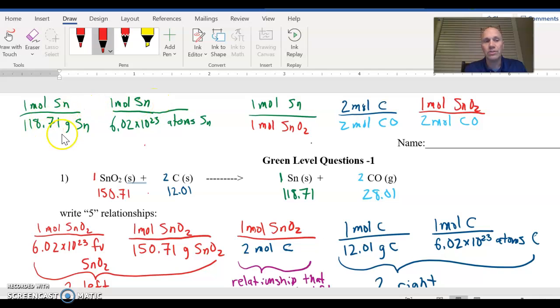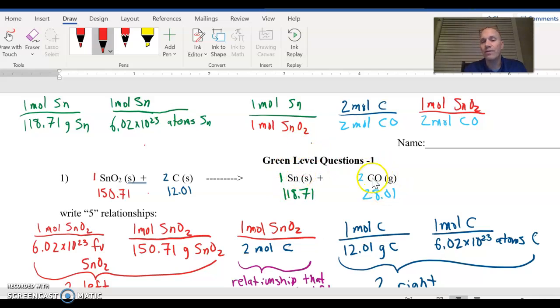One relationship is the molar mass, the number of grams of that. The other one is 6.02 times 10 to the 23rd, number of whatever that is. We say atoms here because this is a single atom right there.